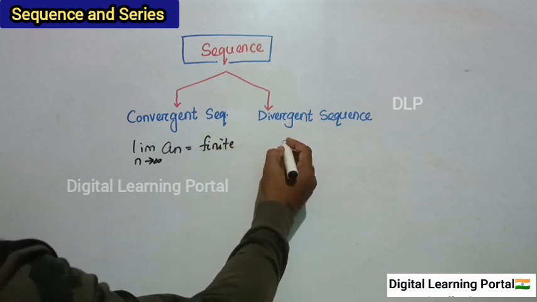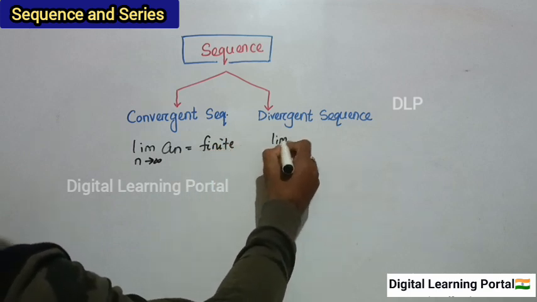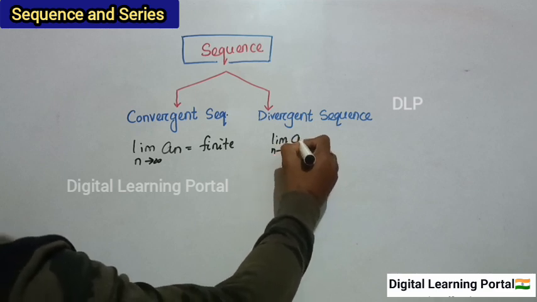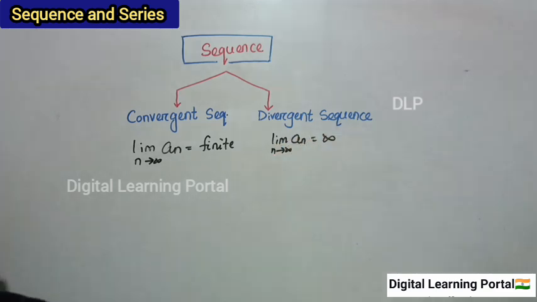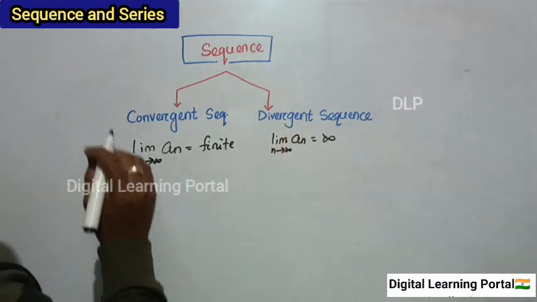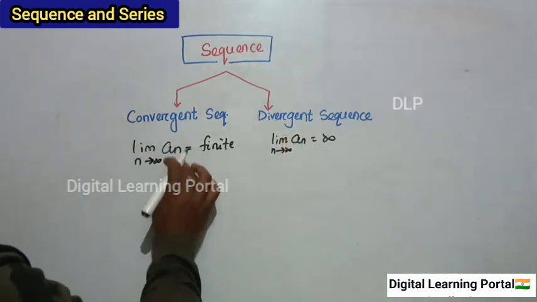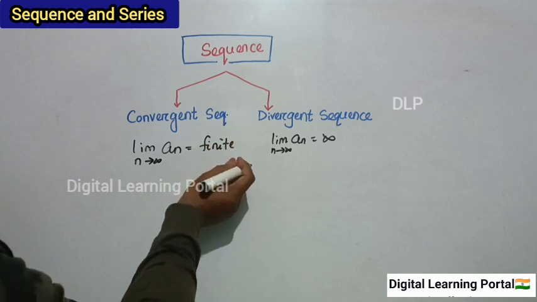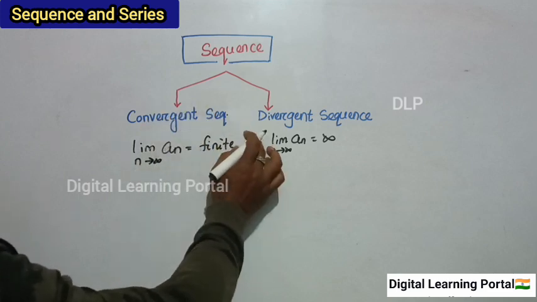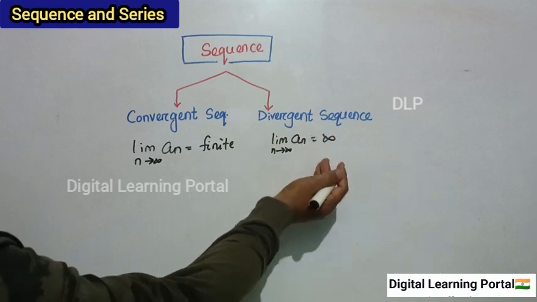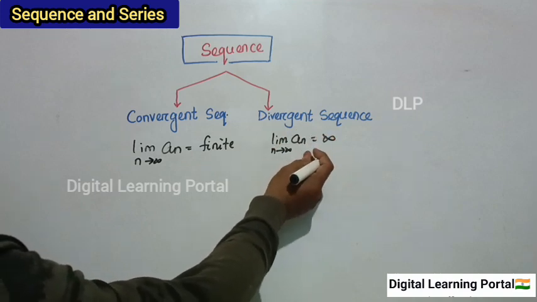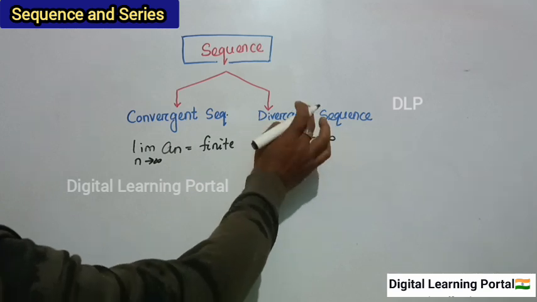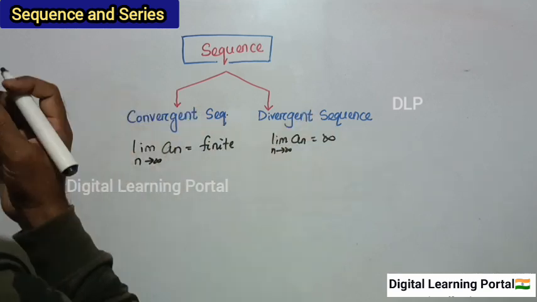For a divergent sequence, the limit as n tends to infinity of a_n is equal to infinity. So if the limiting value of the general term is finite, we say our sequence is convergent. Otherwise, if the limiting value as n tends to infinity is infinity, then our sequence is divergent.